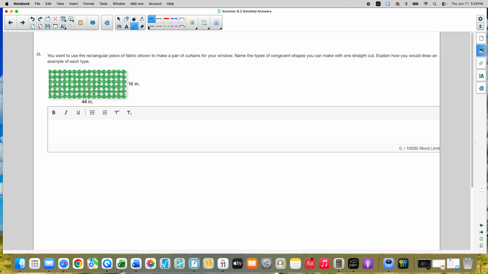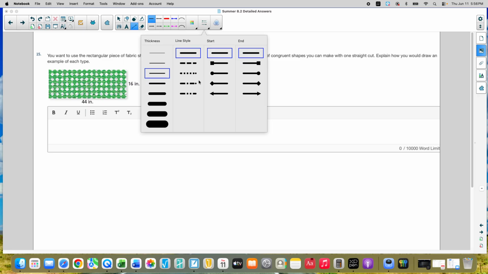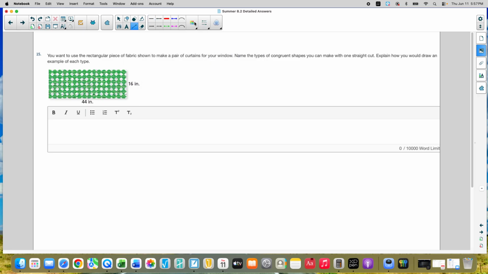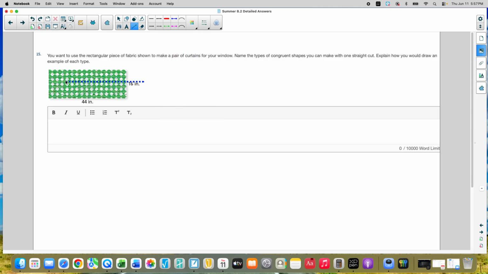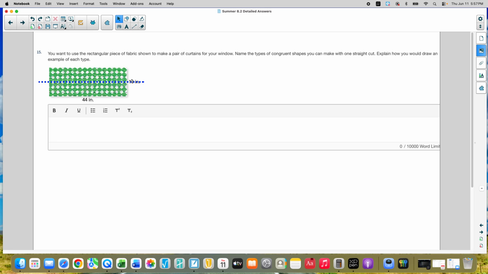So we can do it in a couple of ways. Let's pick a different color. One of the ways is I can cut it right down the center. That would definitely create a curtain. It would create 2 curtains, a pair of curtains, by dividing it that way.